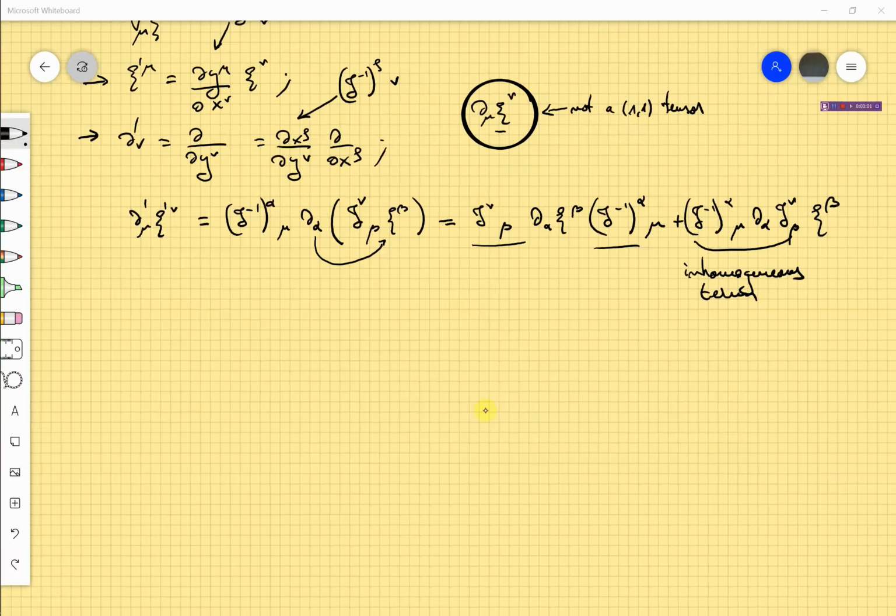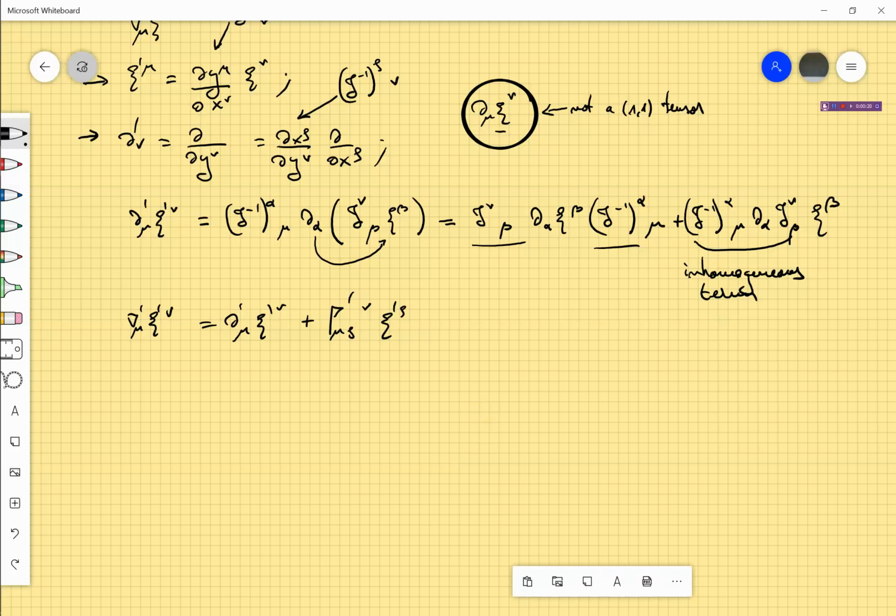So basically what we want is that nabla prime mu psi prime nu, which is partial prime mu psi prime nu plus gamma prime nu mu rho psi prime rho, should be equal to just this term here with the partial derivative replaced by nabla.